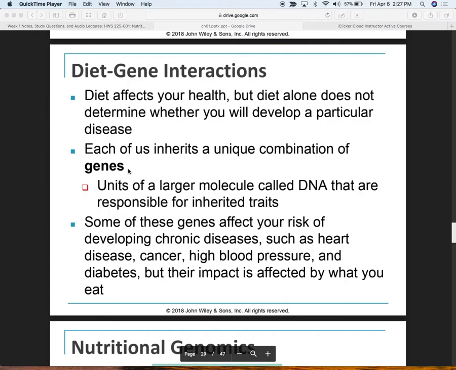but they can also tell us things like this type of polymorphism makes this individual more susceptible to Achilles injuries or ACL injuries, or this person is more likely to respond to a diet that is low in dairy and high in fruit and vegetables or something like that, right? Or these individuals have gene polymorphisms that make it more likely that they'll be high responders to weight training versus endurance training.